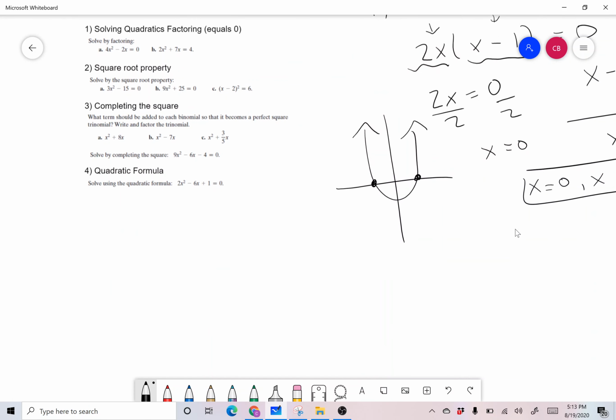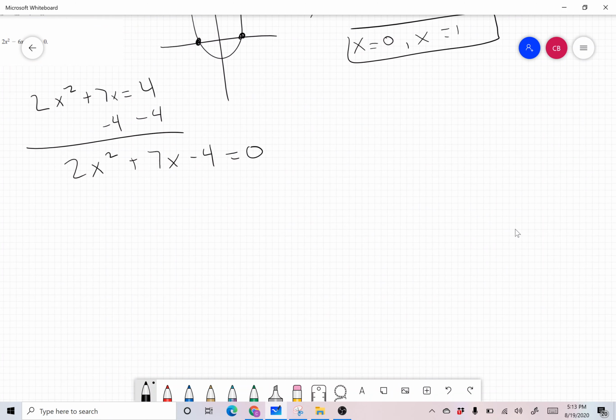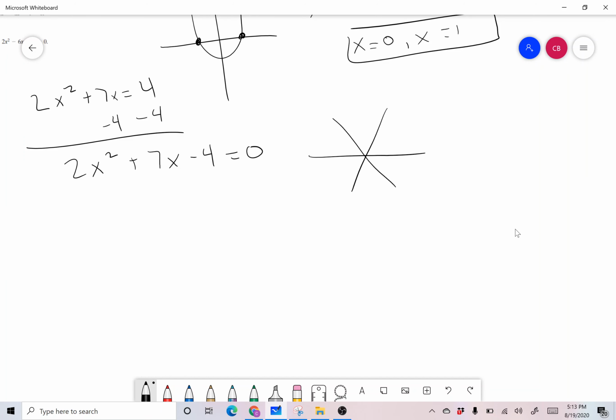The next thing we're going to do is we have 2x squared plus 7x equals 4. If we want to solve this as a quadratic equation, we're going to subtract 4. So 2x squared plus 7x minus 4 is equal to 0. Now I have it in this form. I'm going to try the snowflake method. Why am I choosing the snowflake method?